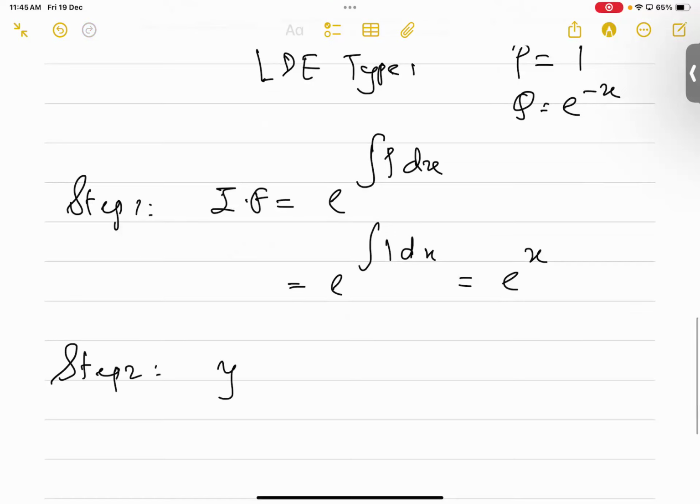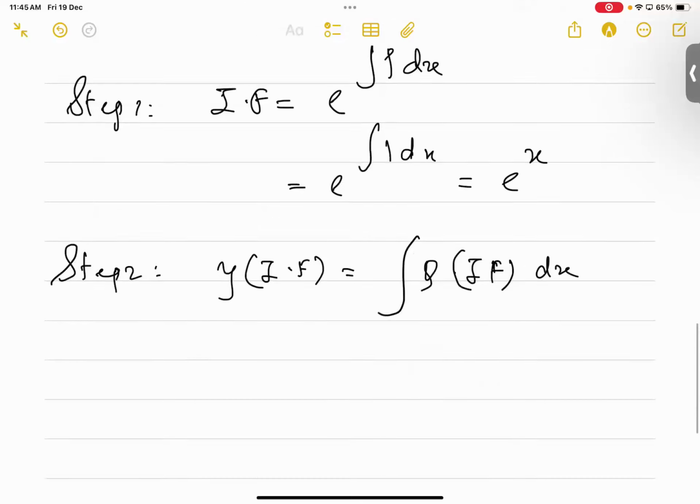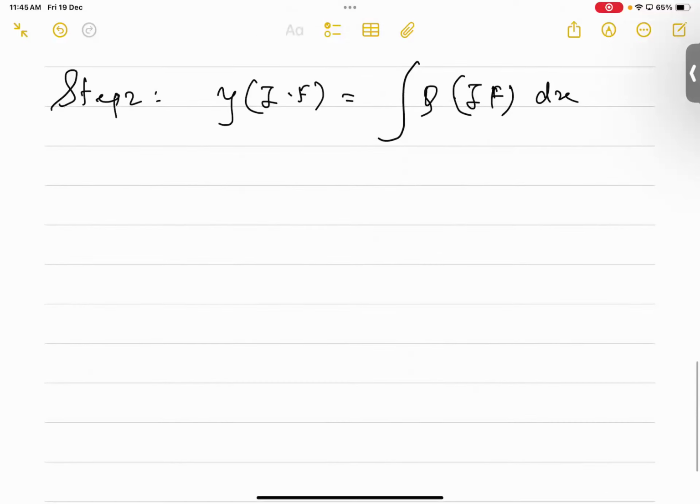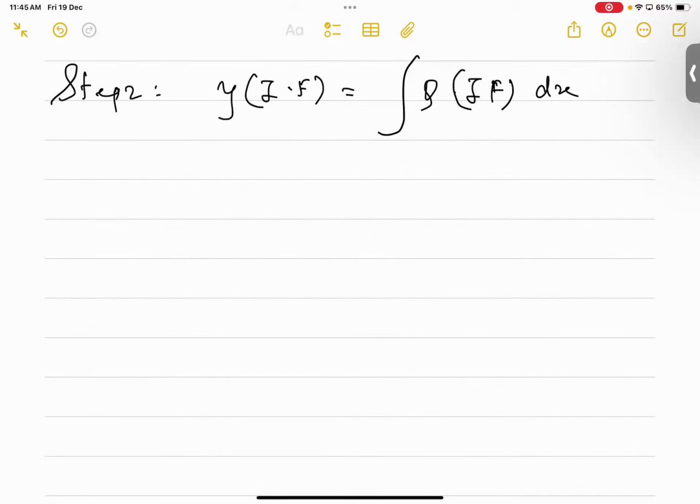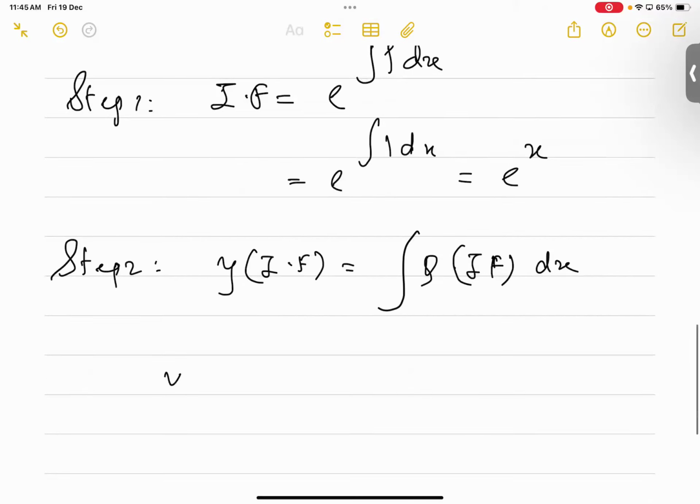Step two, y into if is equal to integration of q into if dx. What is if? e raised to x. And q we had written, e raised to minus x. Now this does not require integration.